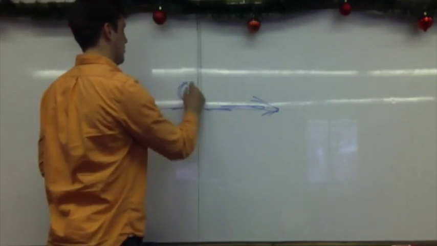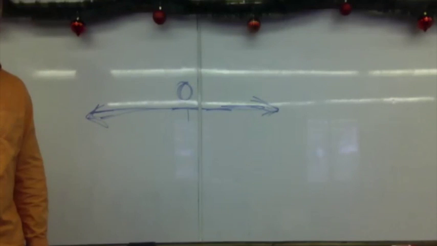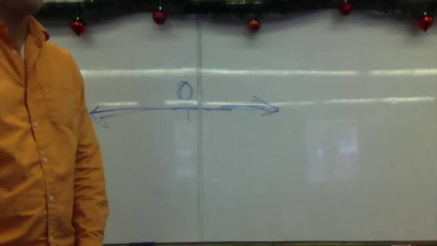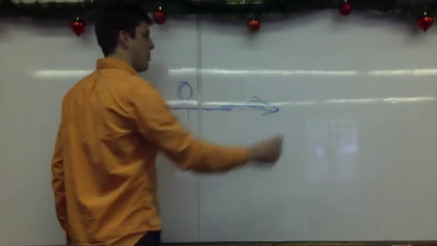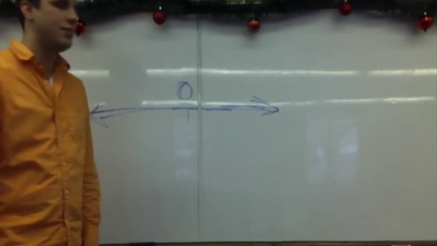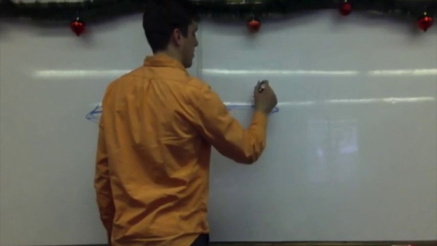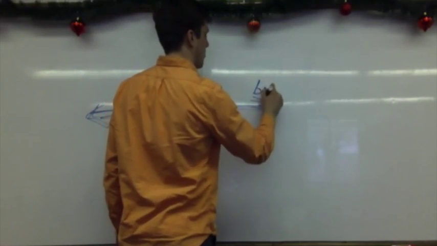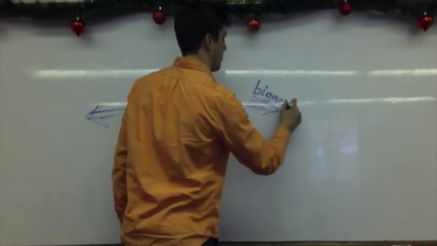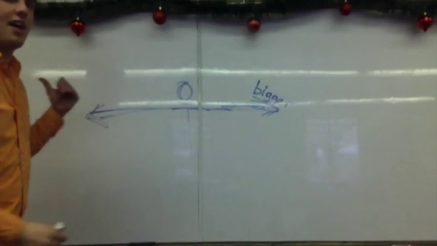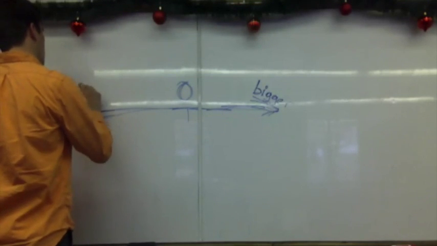These are all positive numbers. 0's right here in the middle. All right. So that is your number line. And if your number is further to the right on the number line, then it is bigger. But if it's further to the left, then it is smaller.